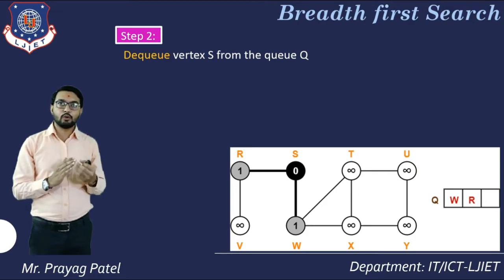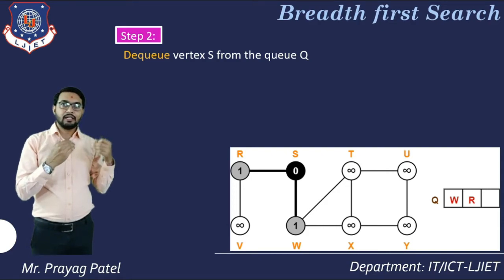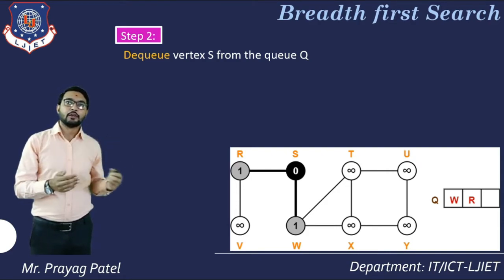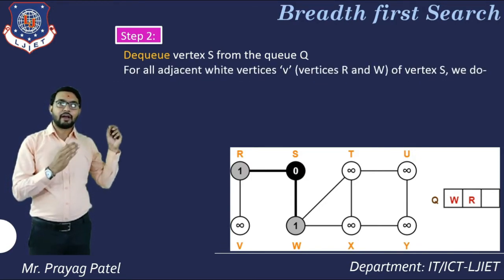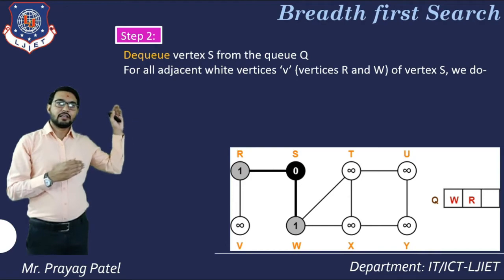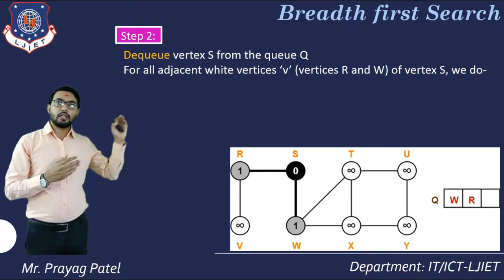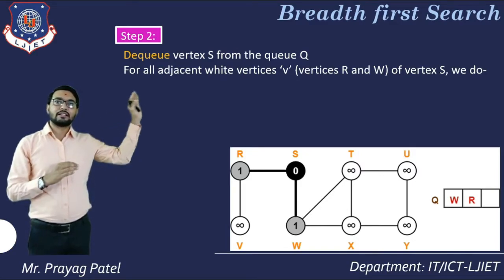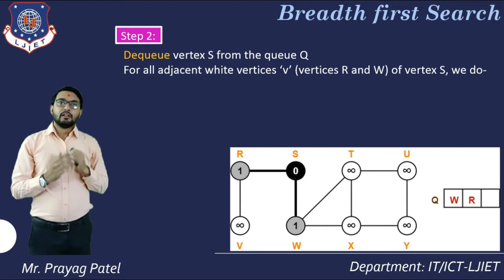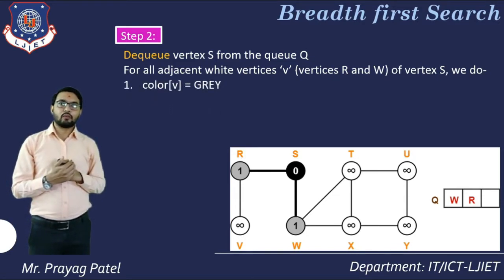And after removing the node S from the Q, we insert the neighbors of the node S into the Q. So here, for all adjacent white vertices V: initially only the S node is gray, and the remaining R and W are white. So we consider all white adjacent vertices of S, which are R and W. For the vertices of S, we first set the color of V equal to gray.